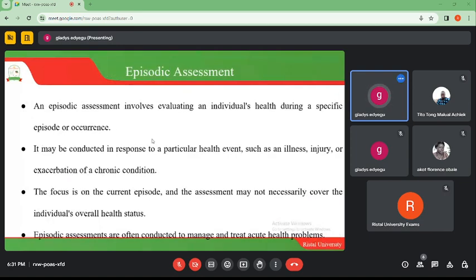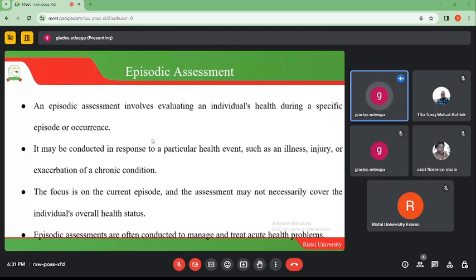Episodic assessment, as I mentioned, involves evaluating an individual's health during a specific episode or occurrence. It may be conducted in response to a particular health event, such as an illness, an injury, or any chronic condition that occurred some time back or which is occurring today.